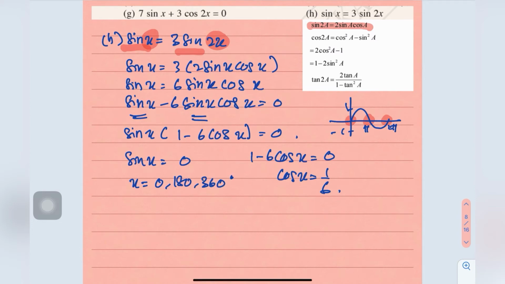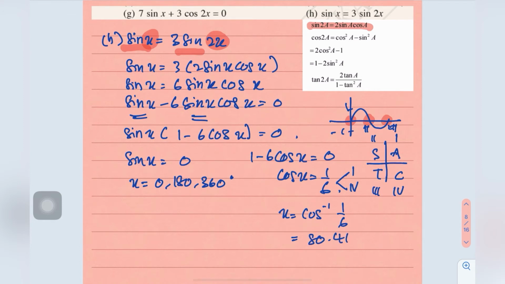For cos positive, ASTC: quadrant 1, quadrant 2, quadrant 3, quadrant 4. Cos is positive in quadrant 1 and quadrant 4. To find the basic angle, inverse cos 1 over 6 equals 80.41 degrees. This one is in quadrant 1. The corresponding angle in quadrant 4 is 360 minus 80.41, which is 279.59.